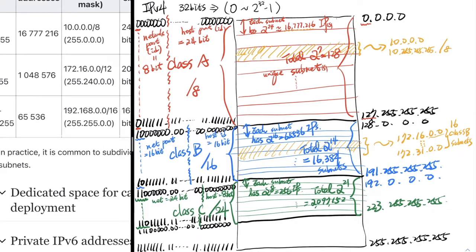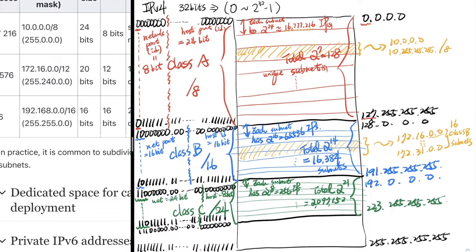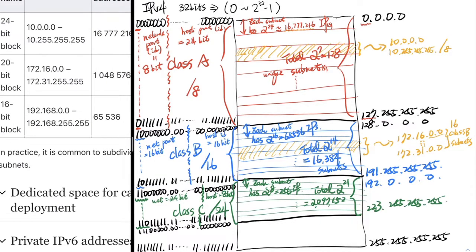These Class B subnets are not distributed to any organization in the first place.